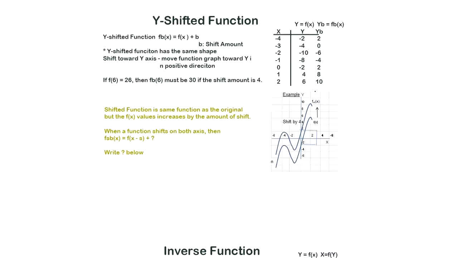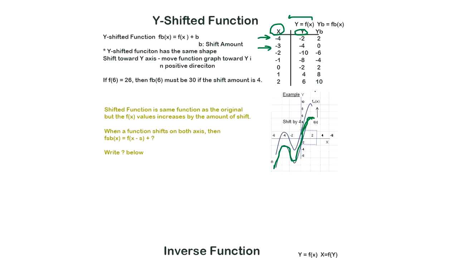A shifted function is, suppose you have a function of x and y. Y is a function of x. Okay, shifted function is, you have a function, you draw the graph. Say this is a function graph, some strange shape.